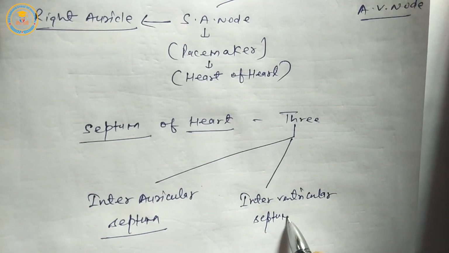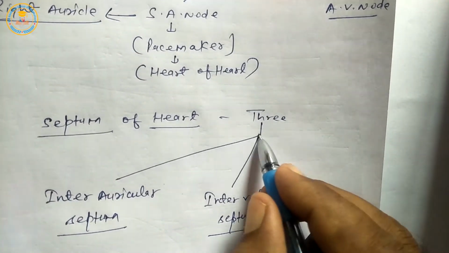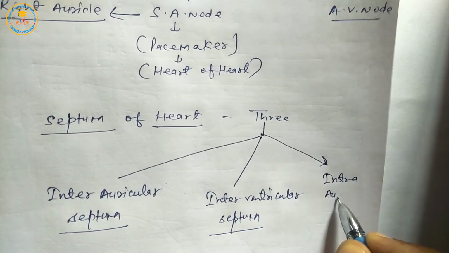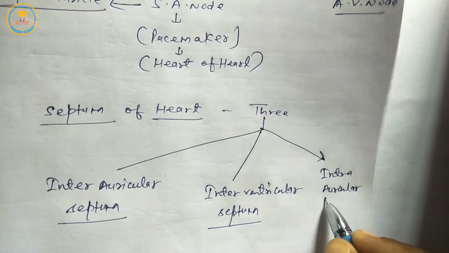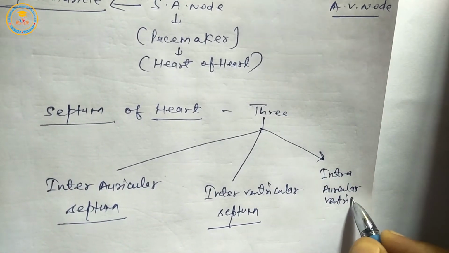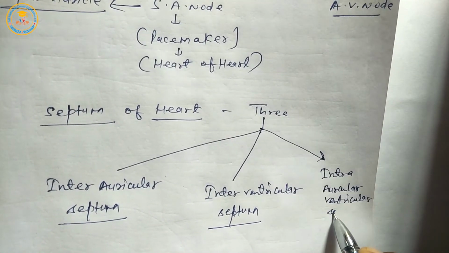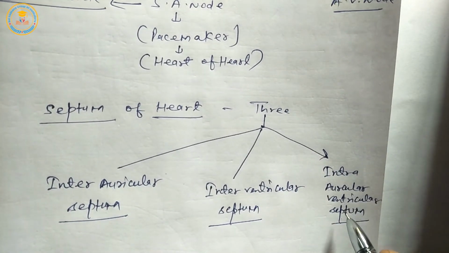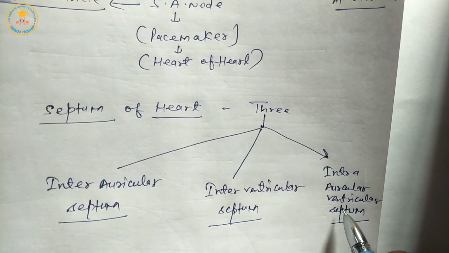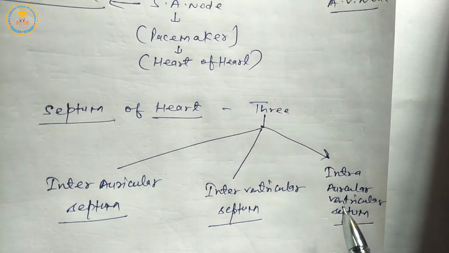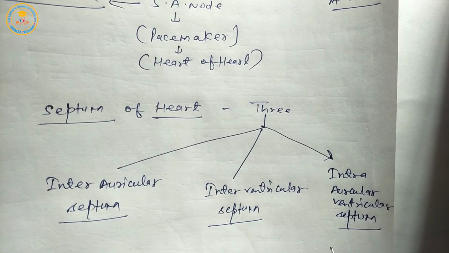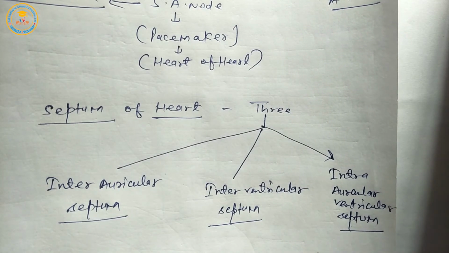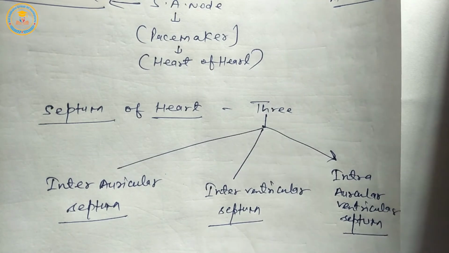This septum is located between the right and left ventricle. Next is the intra auricular ventricular septum. Its number is 2, located between the right auricle and right ventricle. Second, between the left auricle and left ventricle.